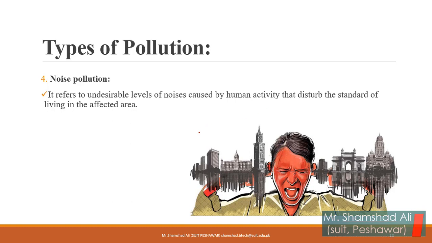If there is some kind of sound which badly affects your environment, it lies in the category of noise pollution. The unwanted sound lies in the category of noise pollution. So it's also a kind of pollution.